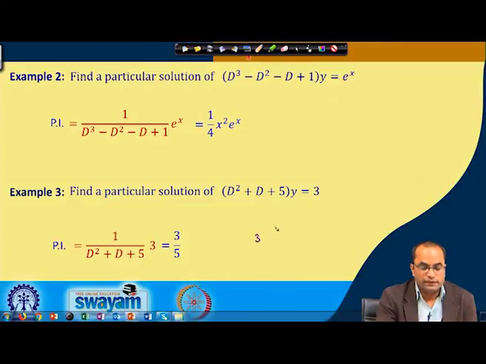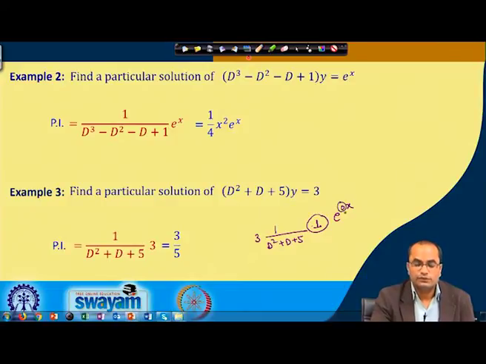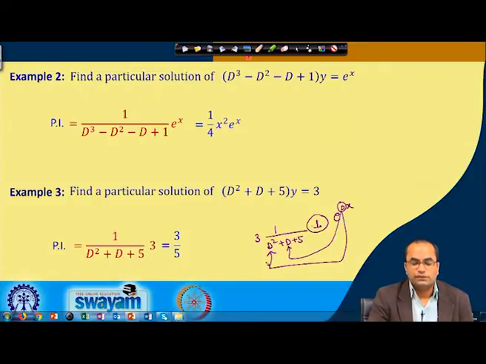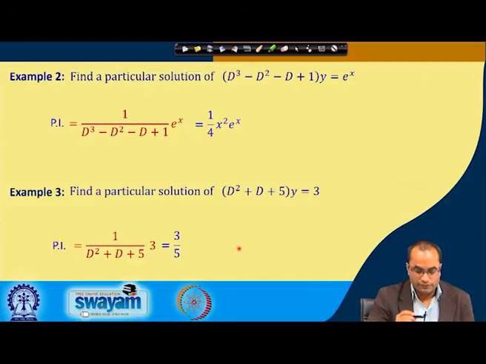Like 3, and then we are actually operating on 1 over d square plus d plus 5, and this 1 can be replaced like e power 0 x, and then for this 0 we use the same formula which we have used earlier, that d will be replaced by 0. So, we will get 1 over 5 here, and this 3 will be there. So, 3 by 5 is the value of this integral. This is the particular integral, one particular solution of this equation.